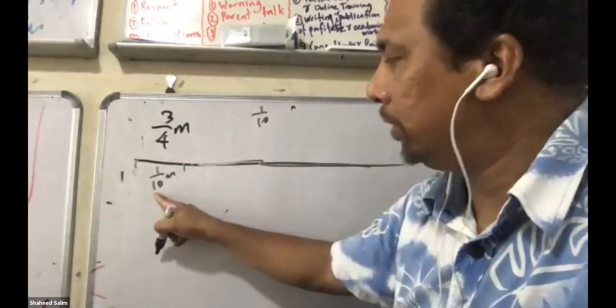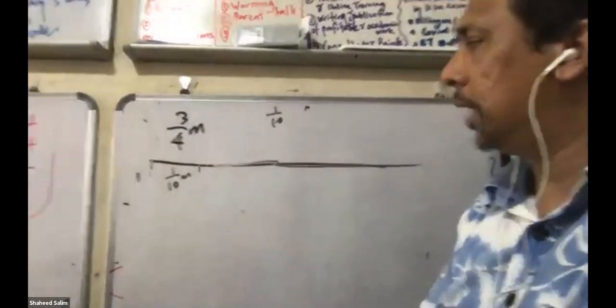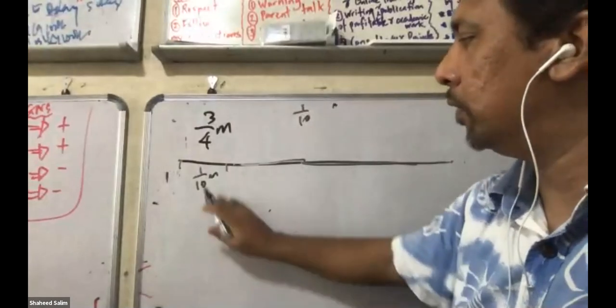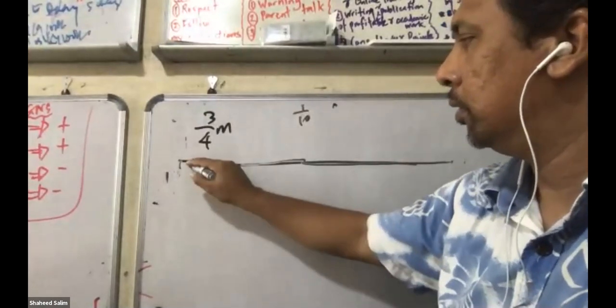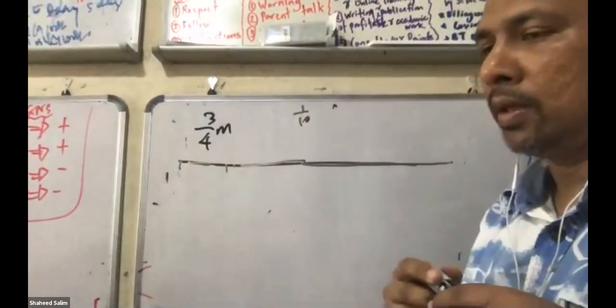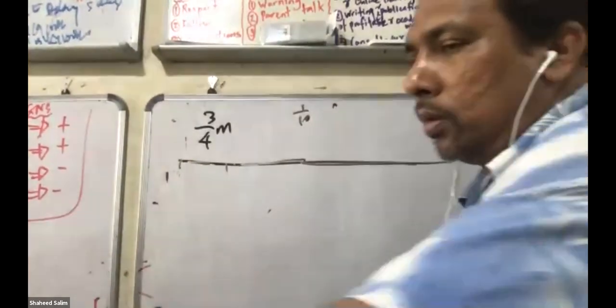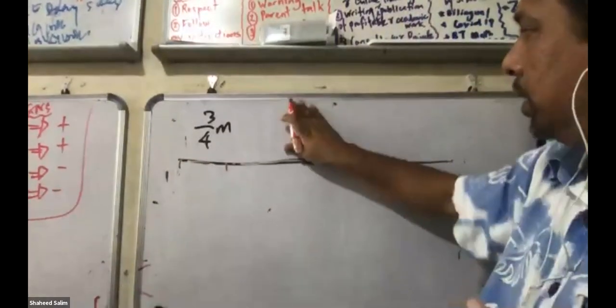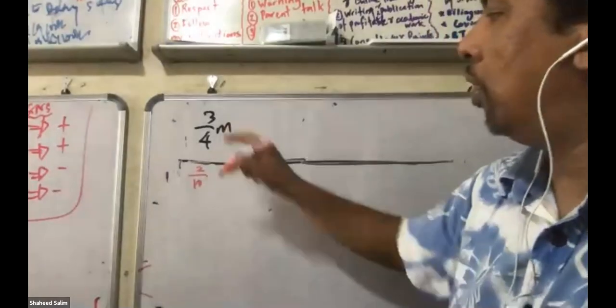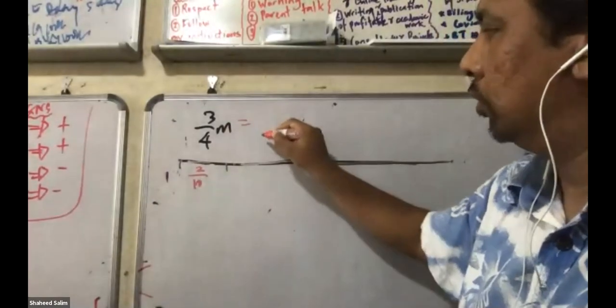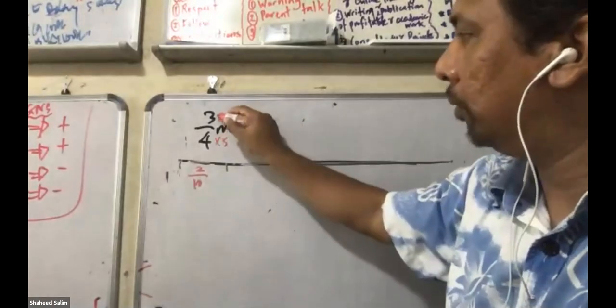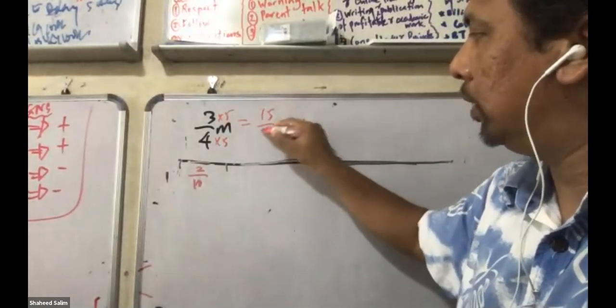Why don't we use 20? 1/10 is the same as how many over 20? 1/10 is the same as 2/20. This 3/4, why don't we change it to 20 also? Times 5, times 5. 15/20. Can you see now?